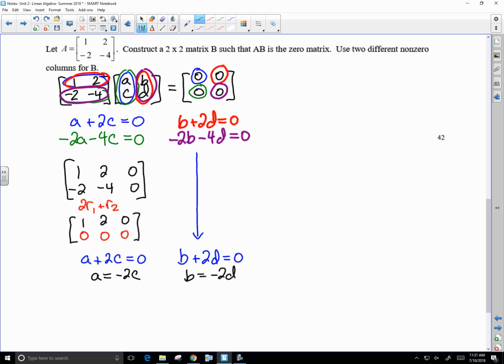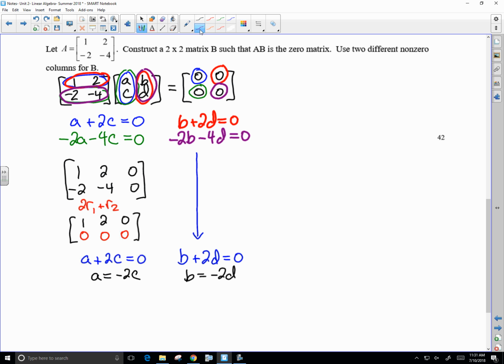I think, all right, well, it looks like A has to be -2 times whatever we choose for C, where C is a free variable, and B has to be -2 times D, where D is a free variable. I just thought it was more interesting.